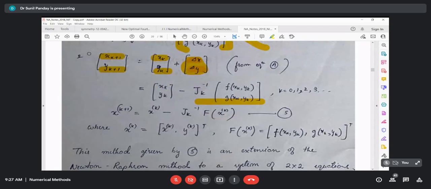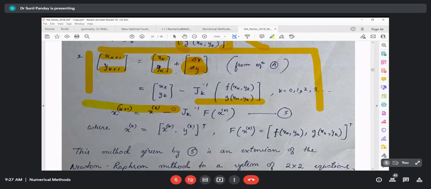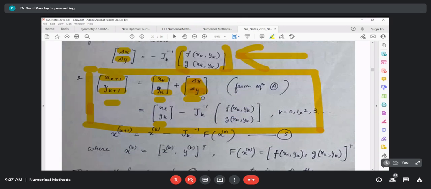So this is our Newton-Raphson method for two dimensions, for a system of two nonlinear equations in two variables, and you can generalize it to n. If you have xk, yk and zk, so you have another variable, then you have three nonlinear equations in three variables. Similarly four, and this can be generalized to n.